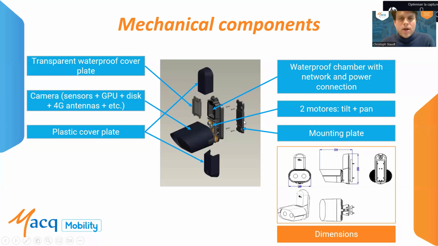You have a mounting plate which is designed for very easy installation on site. And you have, of course, the waterproof covers and the cover plates. From a dimension perspective, this camera itself is more or less 19 centimeters wide and 11 centimeters high.